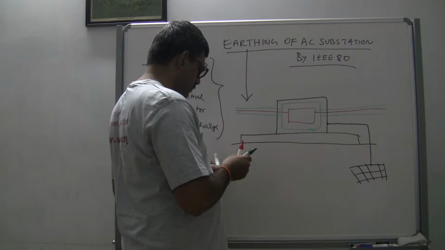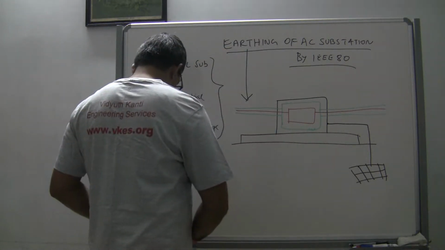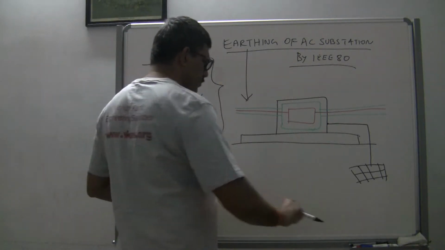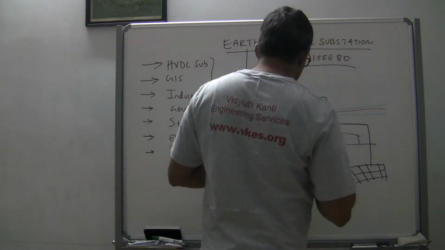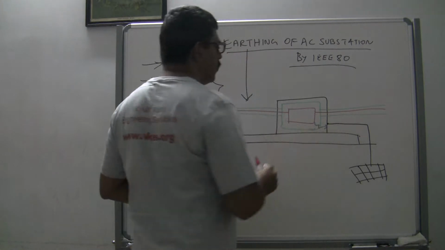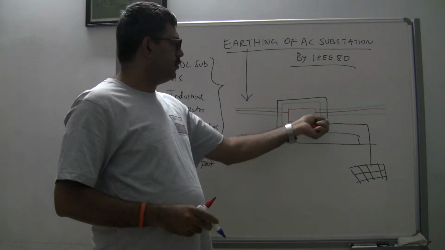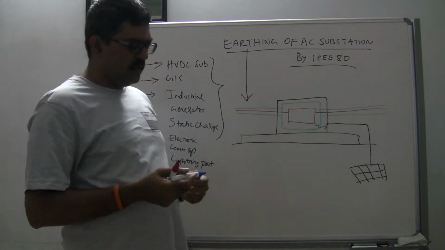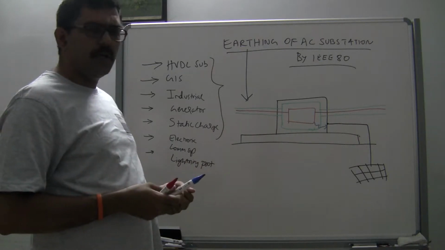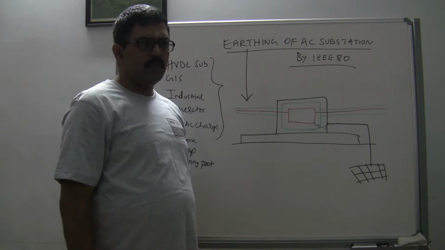So, when there is a rupture of this insulation, there is a fault. And what happens during a fault? The current flows from the conductor to the outer metallic surface, and this fault current is huge. We have to give a safe path for this current to go to the earth.